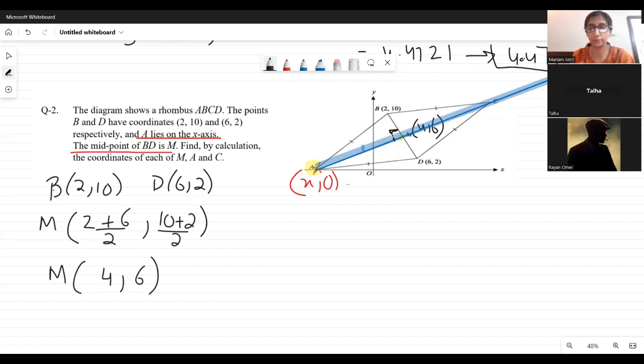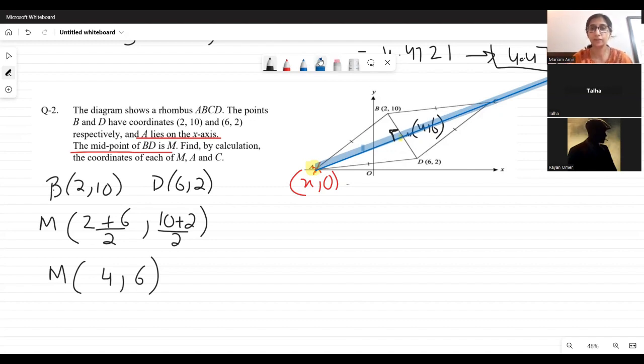That is prerequisite knowledge you need in order to solve this question. So if the diagonals of a rhombus are perpendicular to each other, how can we find the equation of this diagonal, the blue one? Because if we can, then we'll get the coordinates of A, since in that equation you can substitute y equals 0 and you'll get the corresponding x at A.